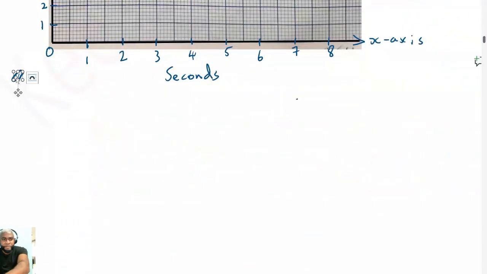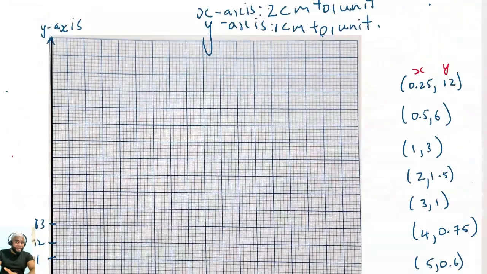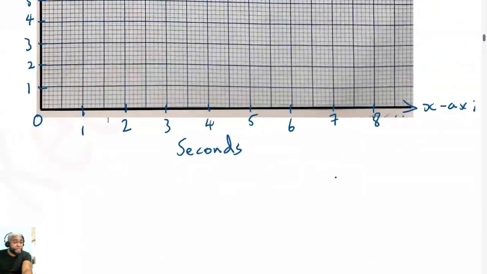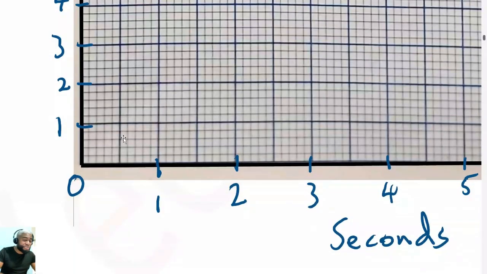We're going to plot these points. So all you have to do is lock in. We go to the first coordinate. Now the first coordinate is 0.25 comma 12, right? 0.25 is going to be a quarter.